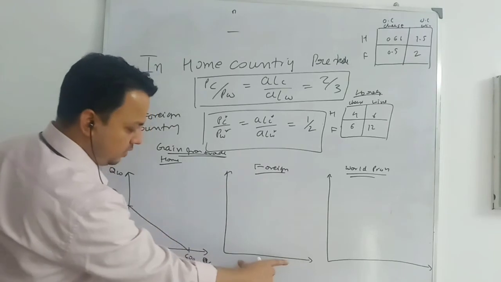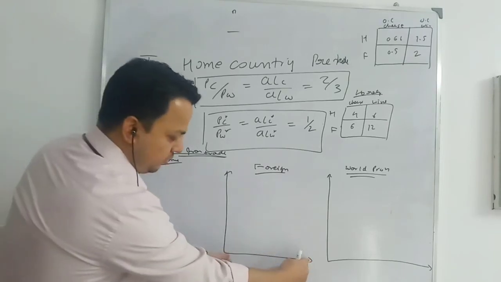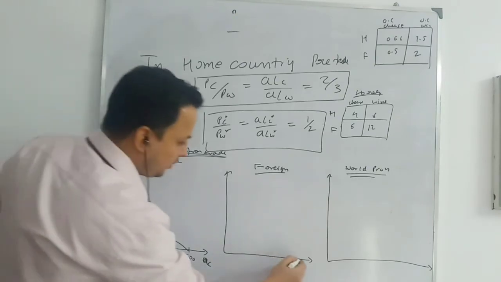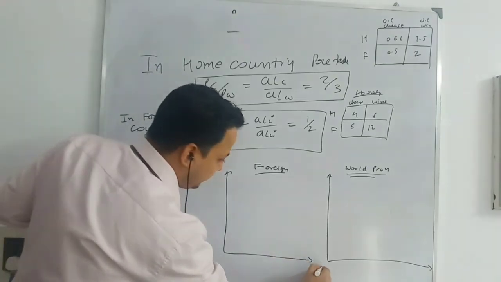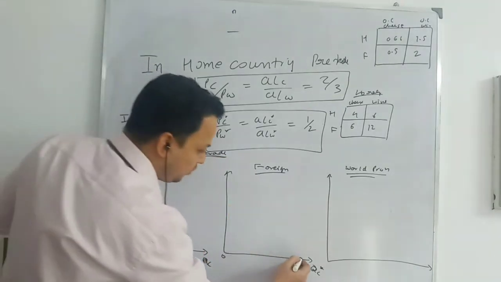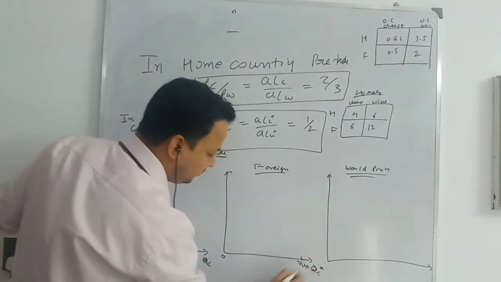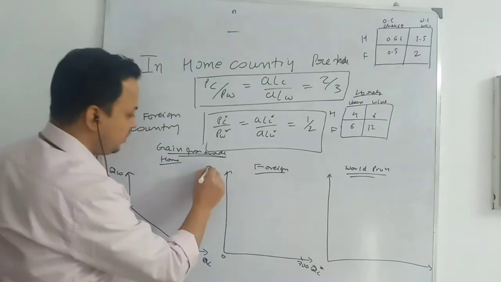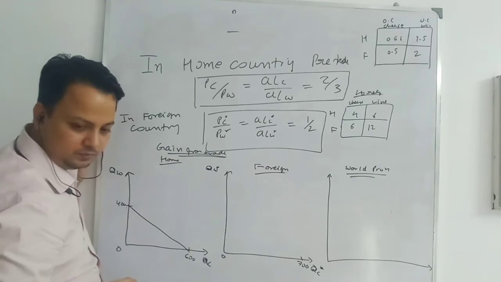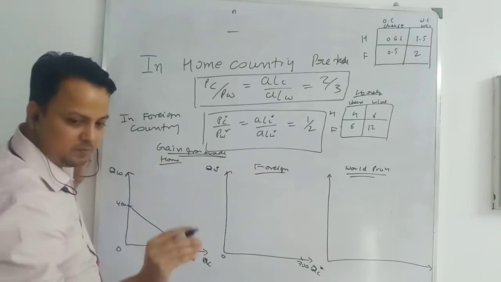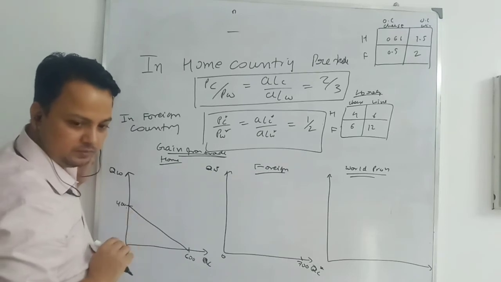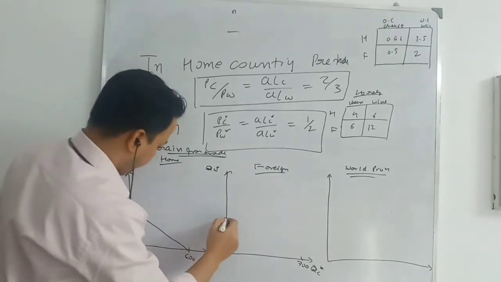I don't have space, so I have drawn it next. When you are drawing it, take it properly. In the foreign country, if we devote the entire neighbor resource, it is able to produce 700 units of cheese. But if it decides to only produce wine, how much wine is it able to produce? If it devotes the entire neighbor force to produce wine, how much is it able to produce? 350, right?